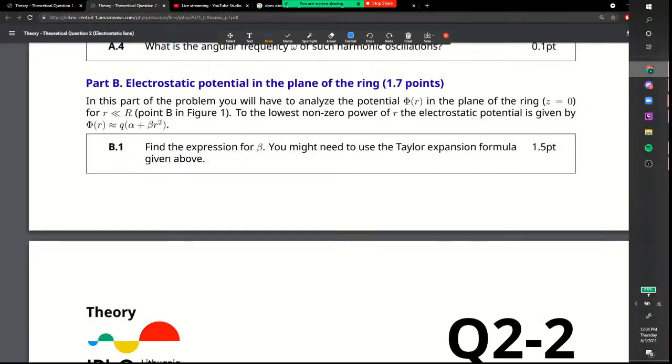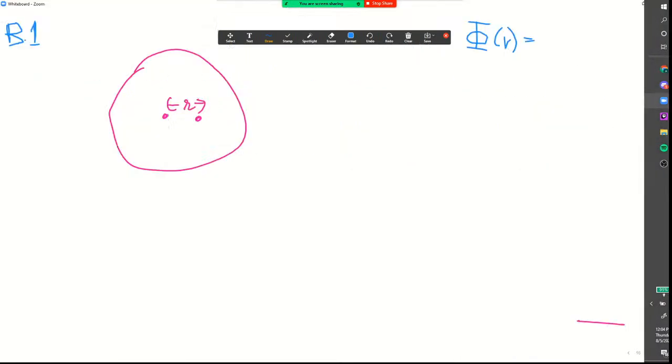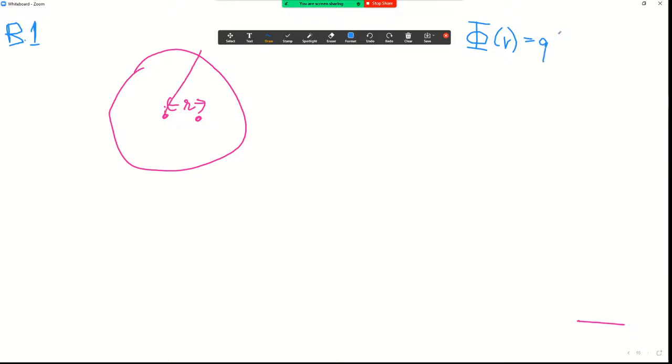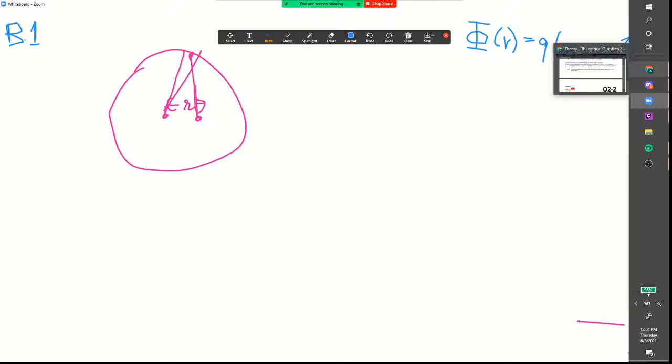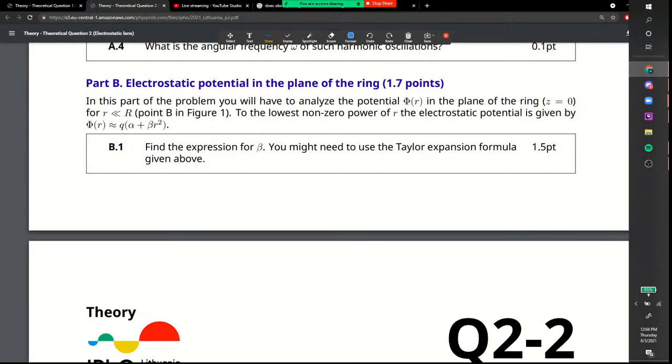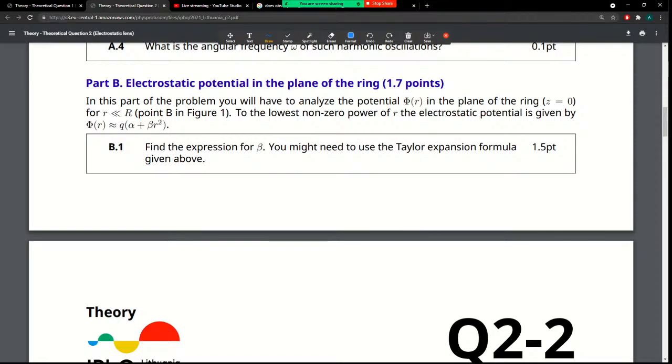This is r. This is capital R, and we take theta as an angle. Or I think I have to draw a bigger circle.